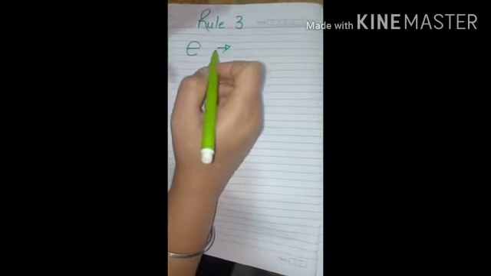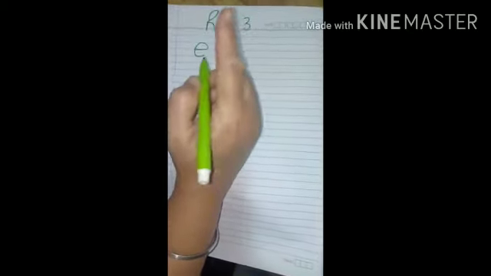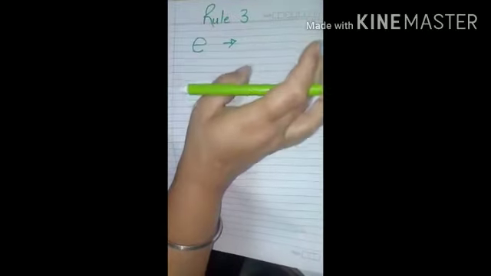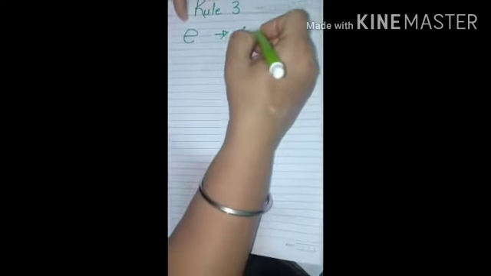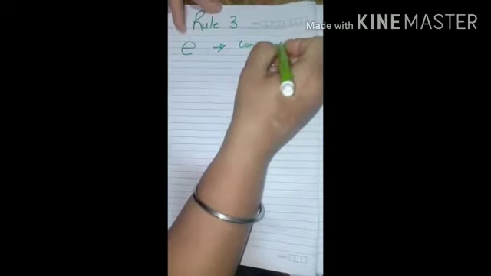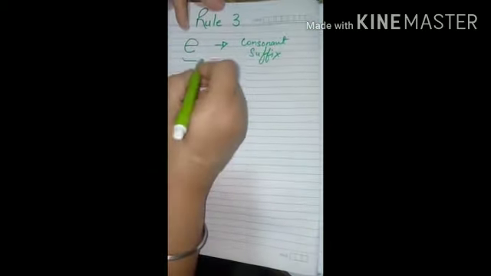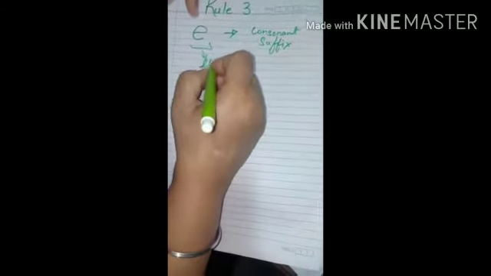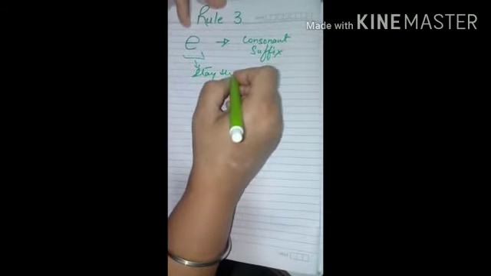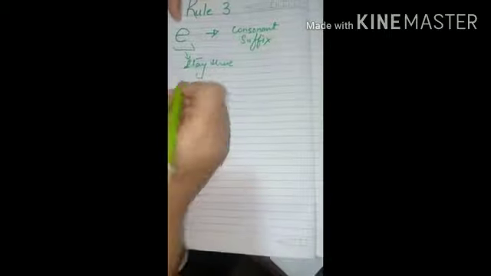We will keep this E. When we have a vowel suffix, E will disappear. But whenever we have a consonant suffix, this E is going to stay there.